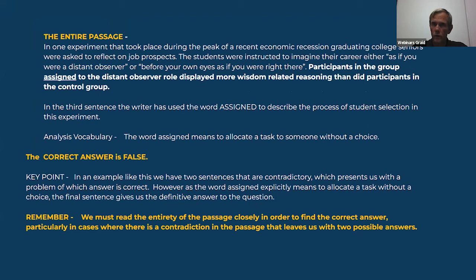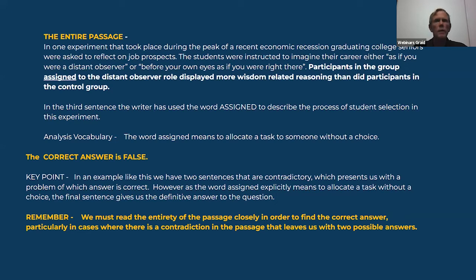Students were instructed to imagine their career either as if you were a distant observer or before your own eyes as if you were right there. And then we have a final sentence. Participants in the group assigned to the distant observer role displayed more wisdom-related reasoning than did participants in the control group.